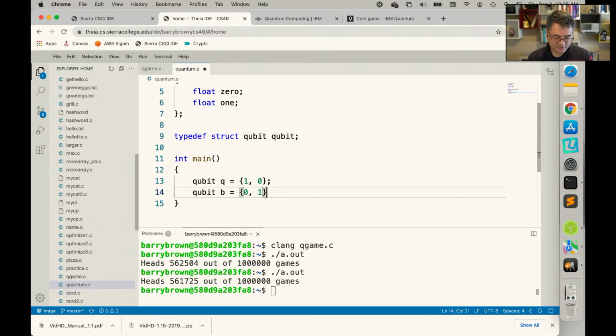So I can very easily assign values to both the 0 and the 1 axis in the particular qubit. I could even do qubit C equals, let's say, 0.5, comma 0.5. I could do something like that, right? Okay, so I can very easily create qubit variables and assign values to them.